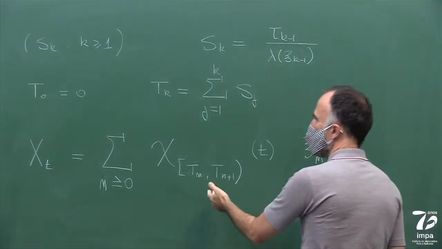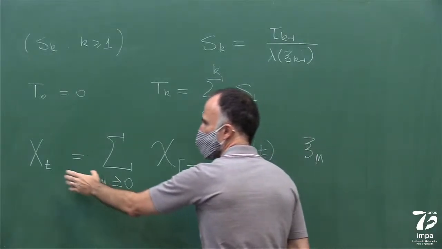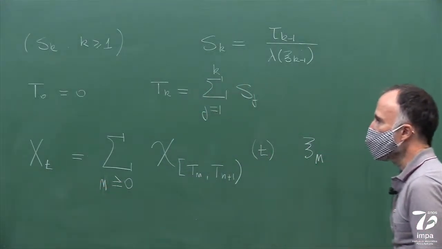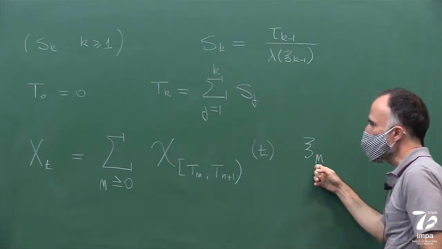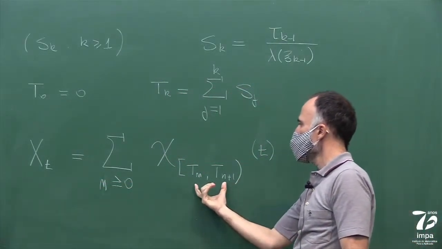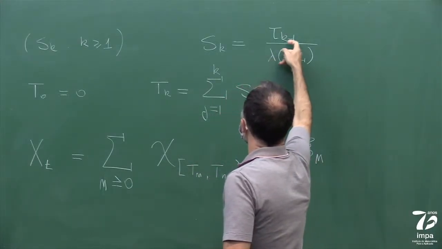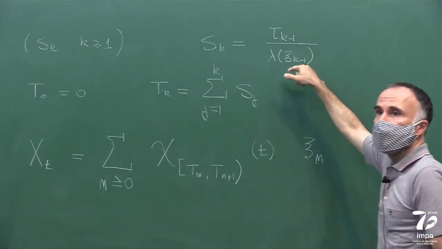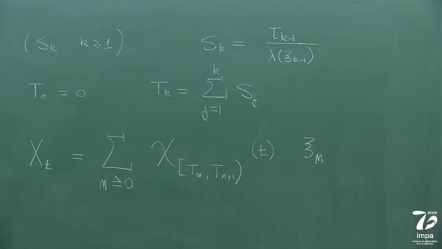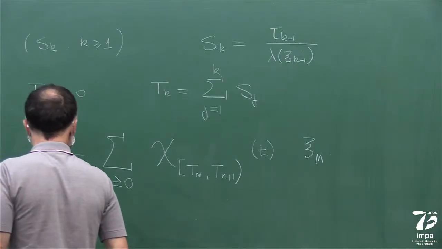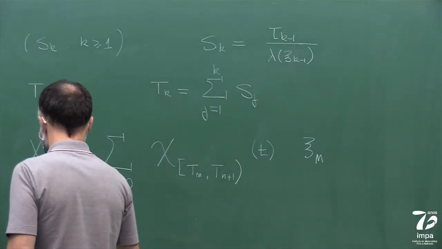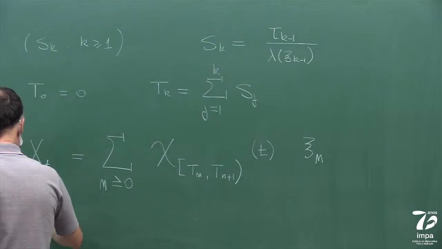So you see that I'm defining these variables, which are now indexed by R plus, with this chain and these times, but these times are functions only of these times tau. Right? Two notations.